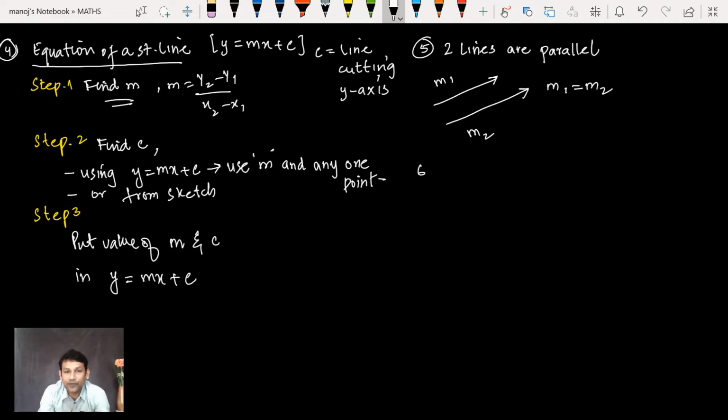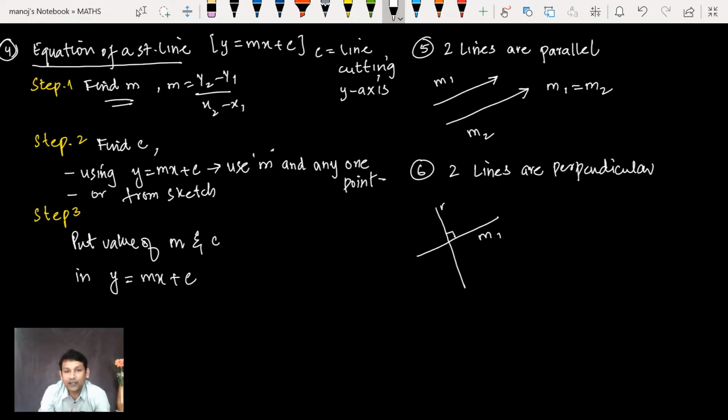Okay, number 6 point, when two lines are perpendicular. These are the basics of coordinate geometry. When two lines are perpendicular, what will you write? One line is here and the second line is here, making an angle of 90 degrees. This gradient is m1.